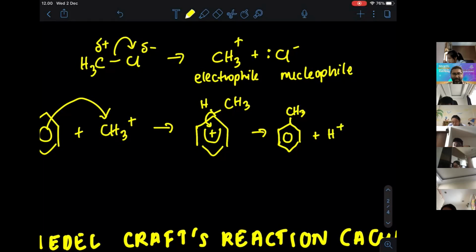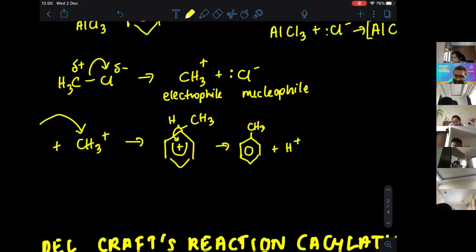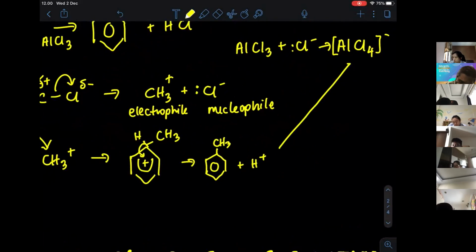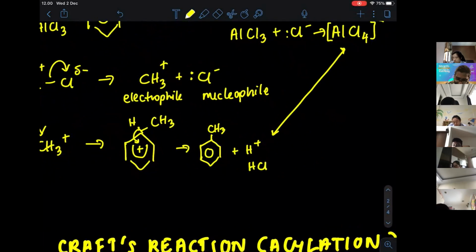So do remember, when the two electrons come in, there is another heterolytic fission going to happen. What will happen to this H plus? This H plus is going to react again with this AlCl4 minus, and they are going to give you the HCl plus AlCl3 back.